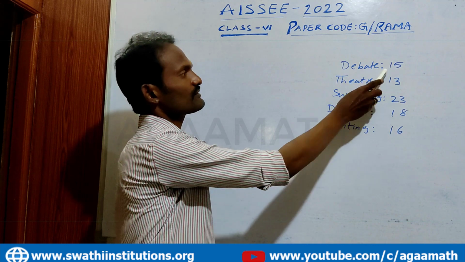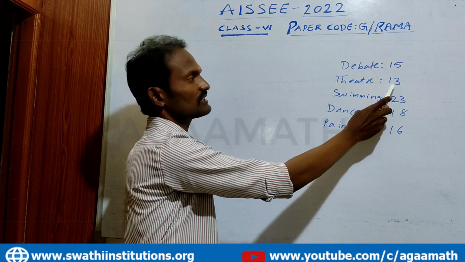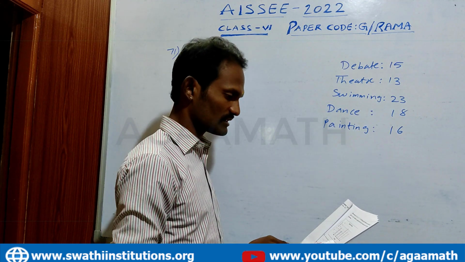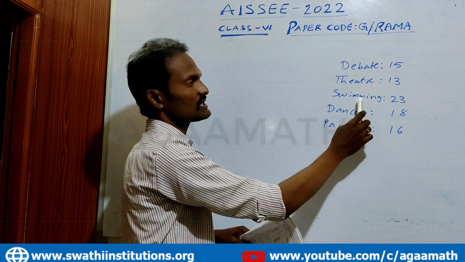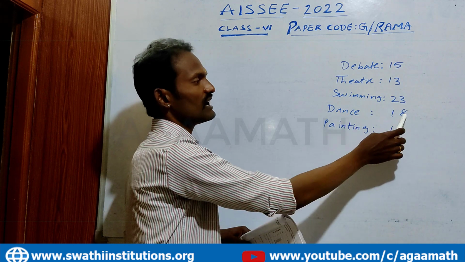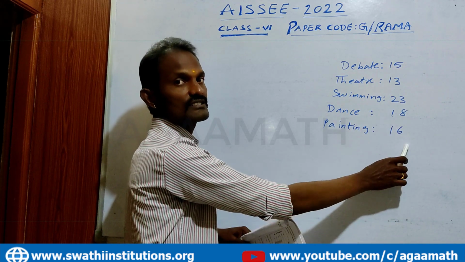Here the debate is 15 students. Theatre means the students who like to participate in that activity. In the theatre activity 13 students, in swimming 23 students, in dance 18 students, and in painting 16 students.